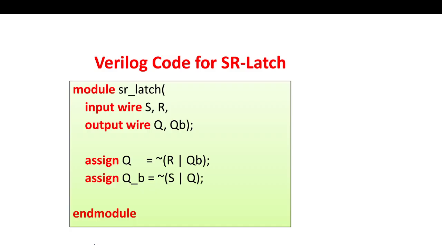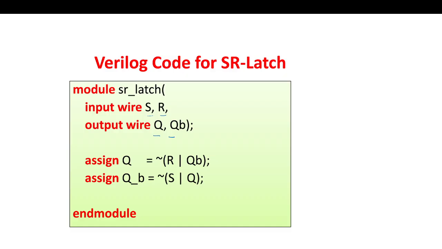Okay, so Verilog code for the SR latch. So the inputs are S and R, and the outputs are Q and Q bar.